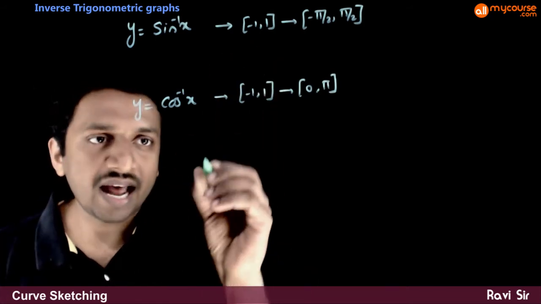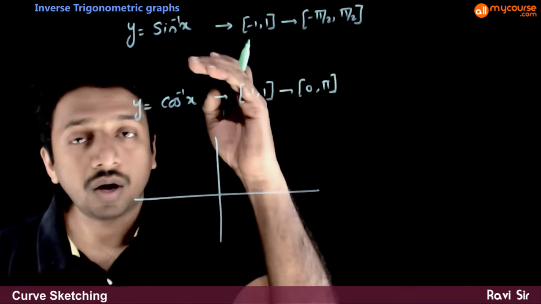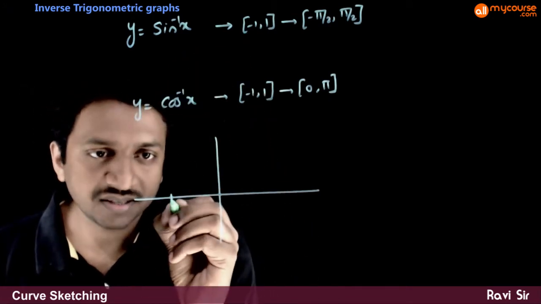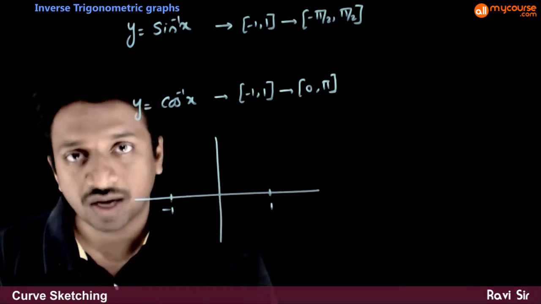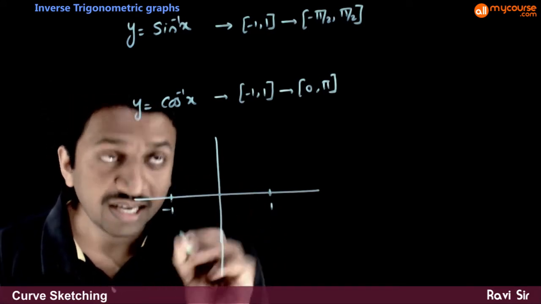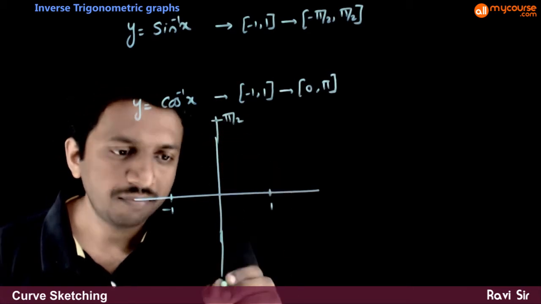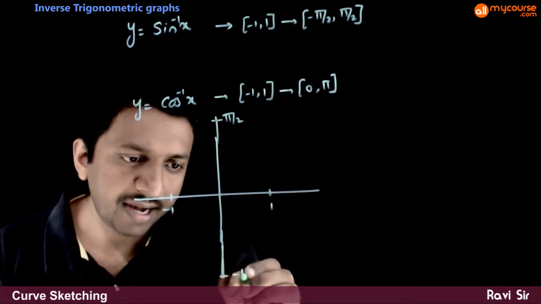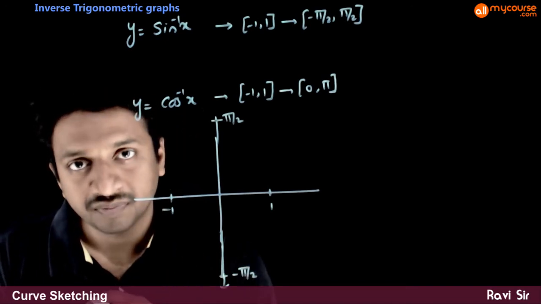If you want to draw the graph of sine inverse x, in terms of x, the graph lies between minus 1 and plus 1. In terms of y, the graph lies between pi by 2 and minus pi by 2.